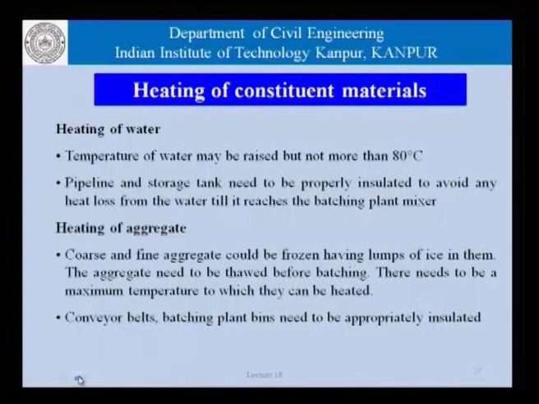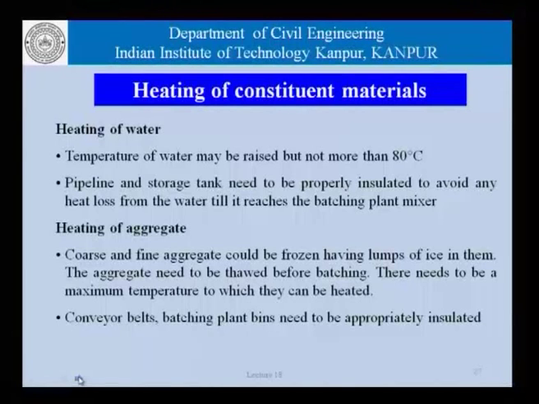The coarse aggregate and the fine aggregate could be frozen, having lumps of ice in them, and they need to be thawed before batching. There needs to be a maximum temperature to which they can be heated. As in the case of water, aggregate cannot be allowed to be heated indiscriminately. Depending on what method we are using for transportation of concrete, conveyor belts, batching plant bins, agitator trucks and so on need to be appropriately insulated.